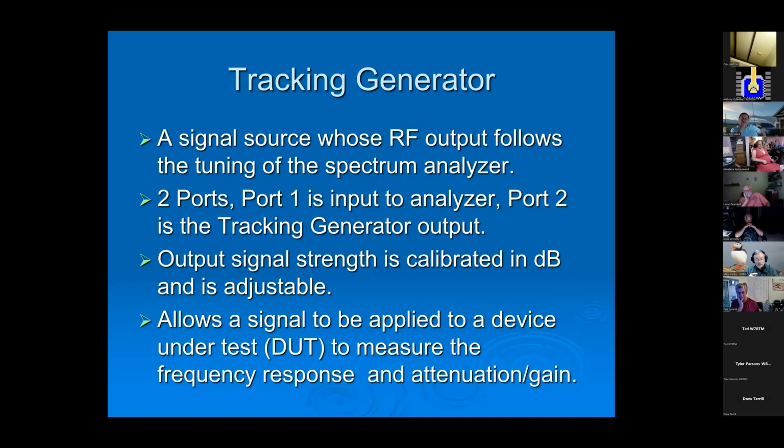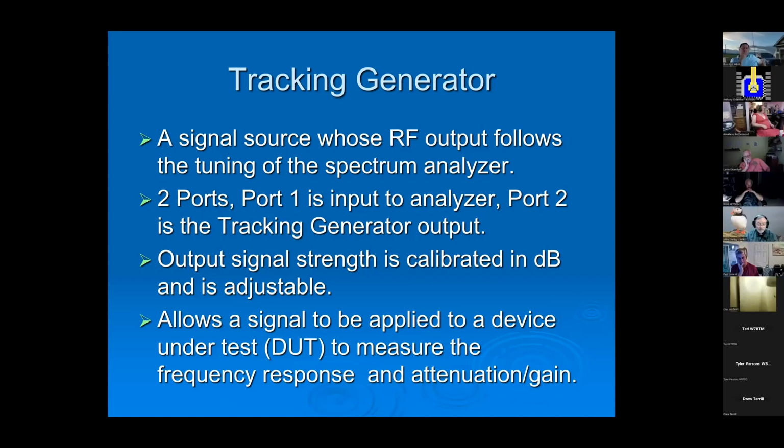Typically, that goes out on port 2. It's a two-port device. Port 1 is always your input. Port 2 is your tracking generator. If you want to figure out what's going on in a filter, this is typically what you would connect to one end of your filter, and you'd connect port 1 to the other end, and you could look at how that bandpass filter is working.